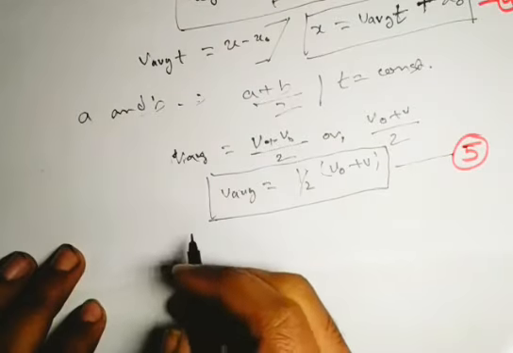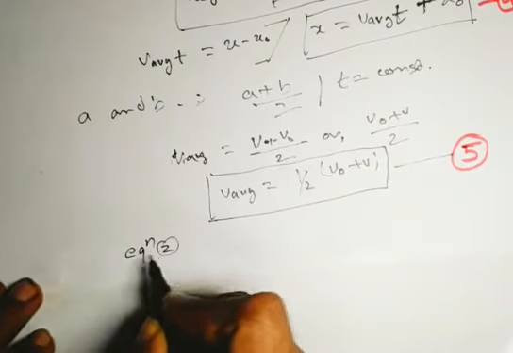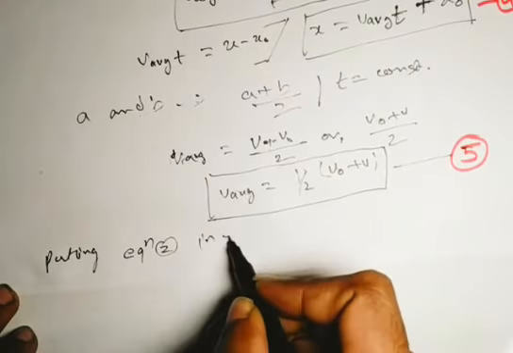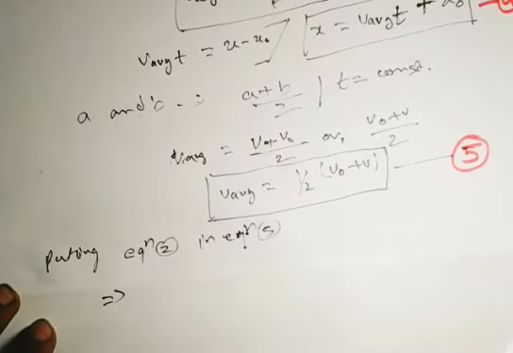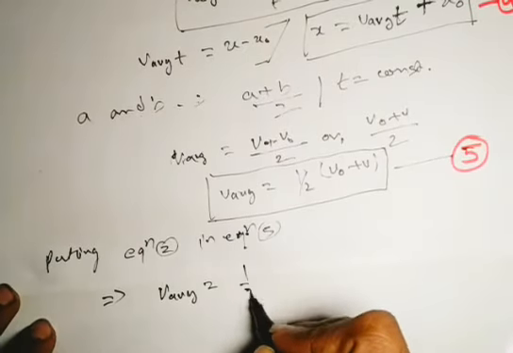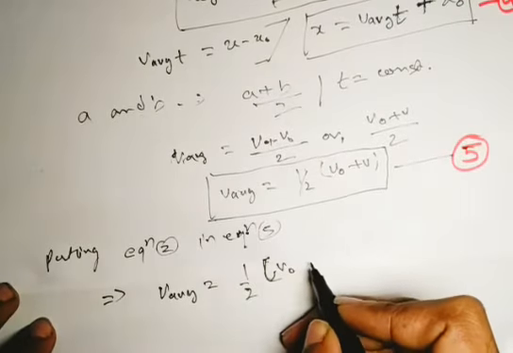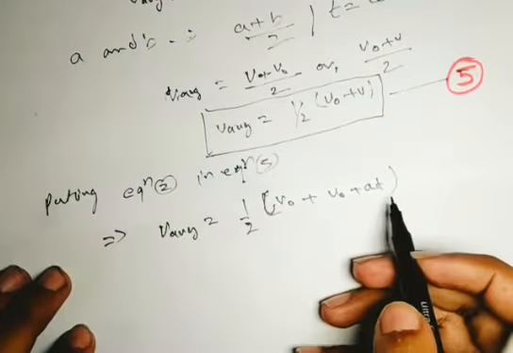Putting equation 2 in equation 5, v average becomes 1 by 2 into v naught plus v naught plus at.